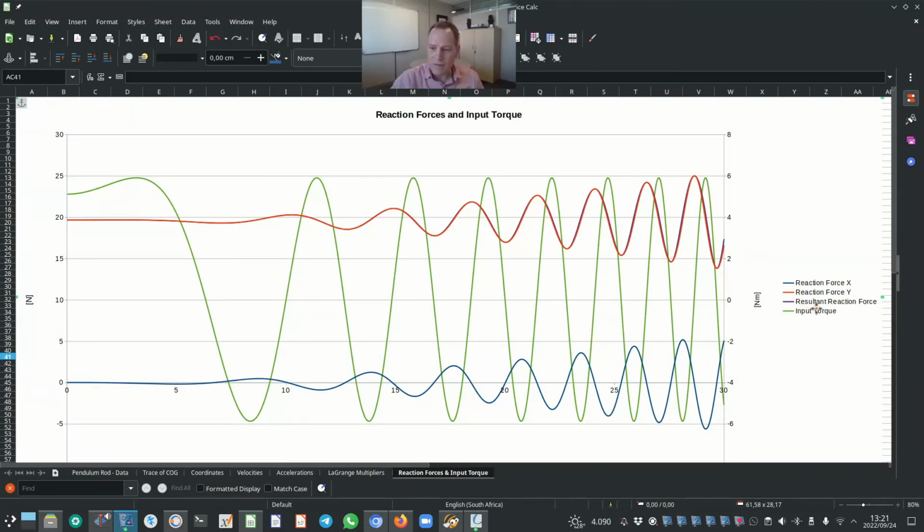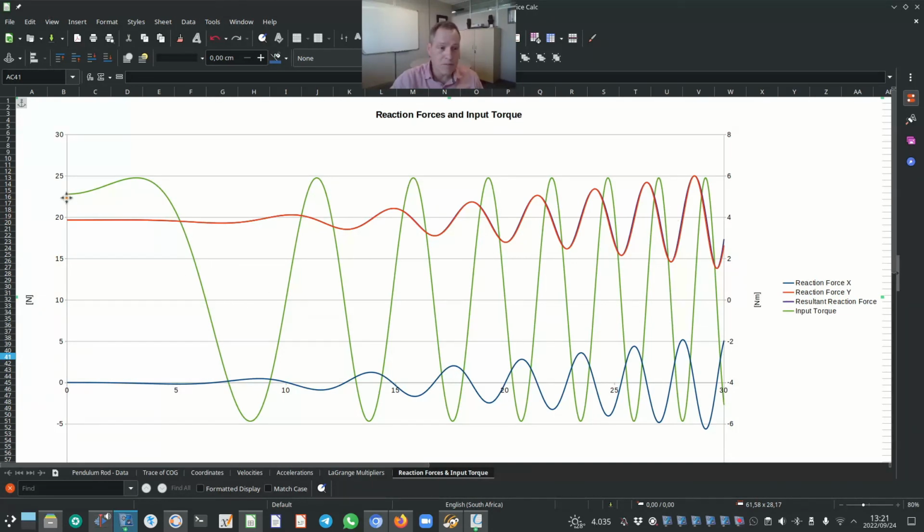I've then also plotted the resultant reaction force in purple, and the reaction force Fy is actually overlaying the resultant reaction force. Okay, and that's why you don't distinguish clearly between the red and purple lines.